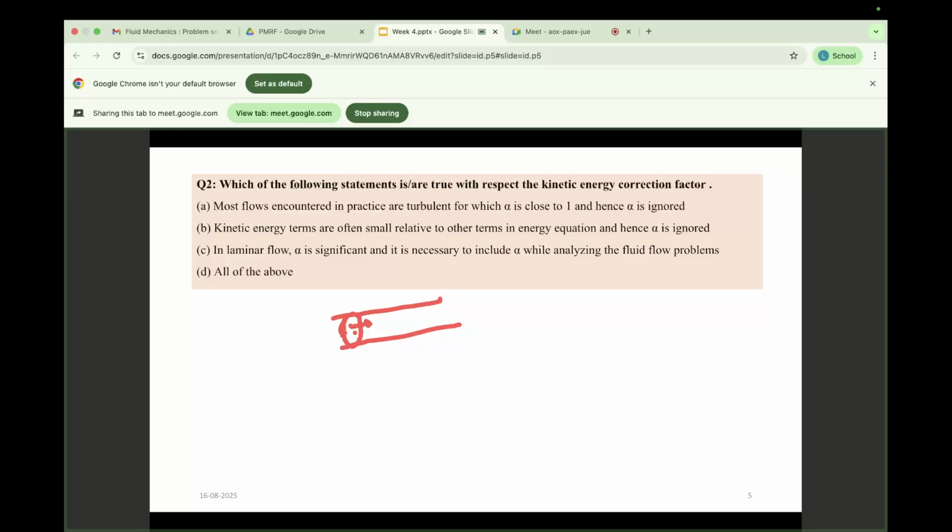But if I talk about the reality, in real life this velocity varies. Here in the ideal case it is v at each and every point. But in a real life scenario, represented by the black line, what will happen?